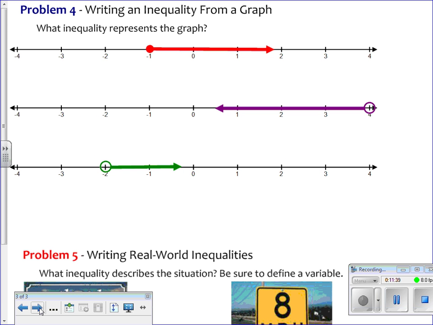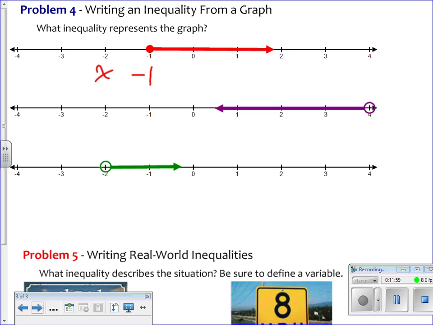Okay, so writing an inequality from a graph is pretty easy. Pick a variable on these ones because you don't have to do anything special. I would pick x. What's my important number? -1.